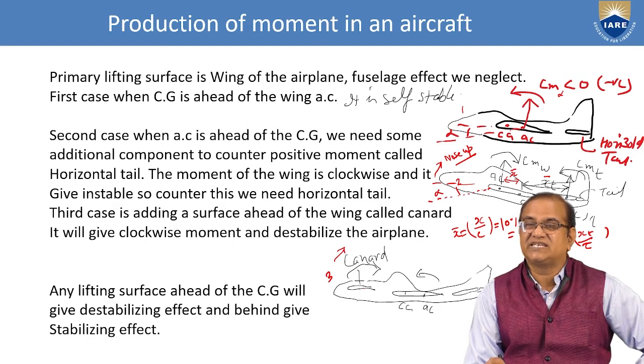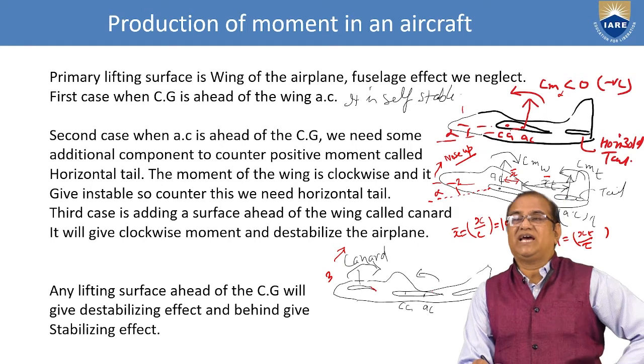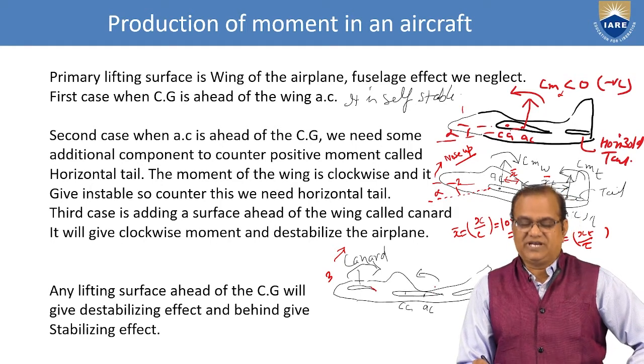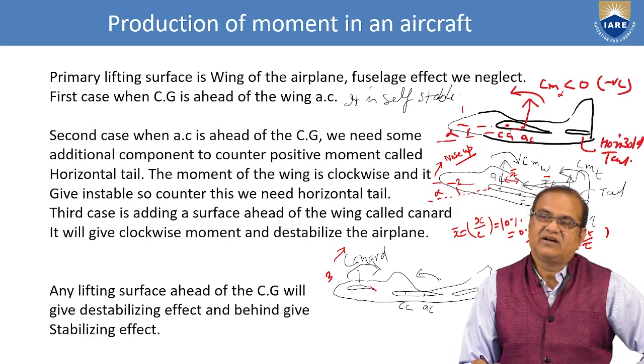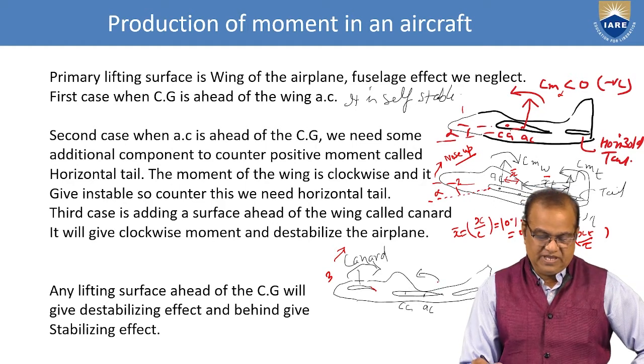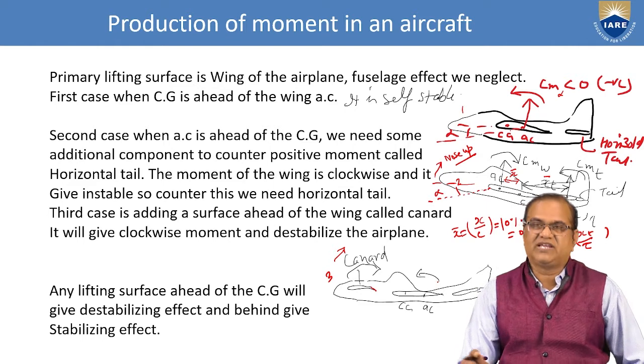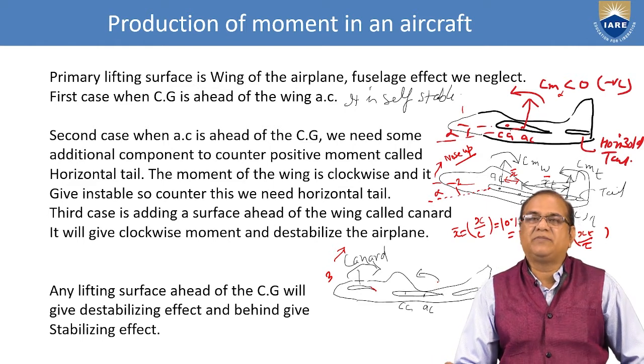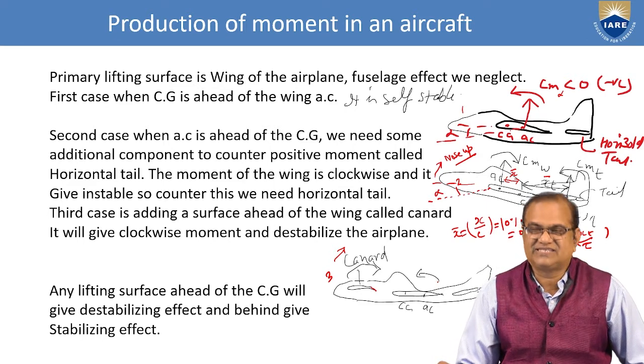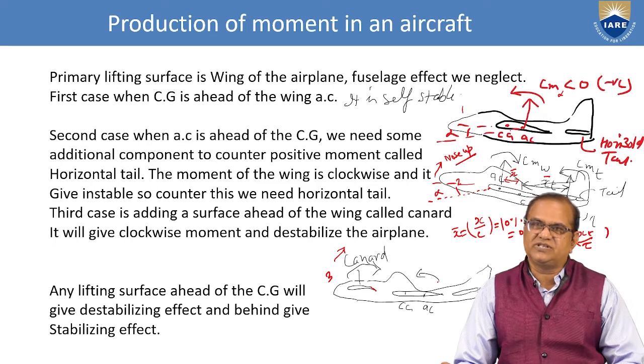So in this case, your canard can also be used as a horizontal stabilizer to stabilize the aircraft. Any flying surface ahead of the center of gravity will give a destabilizing effect, and behind it gives the stabilizing effect. So this is the conclusion of that.